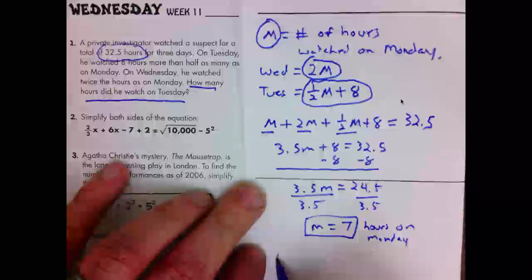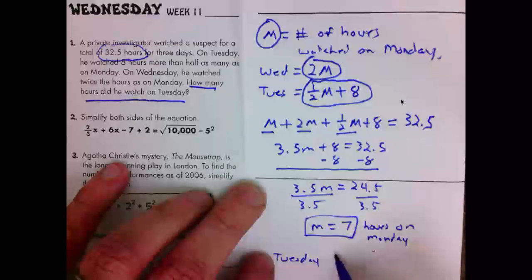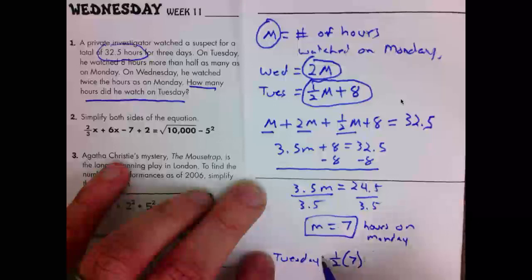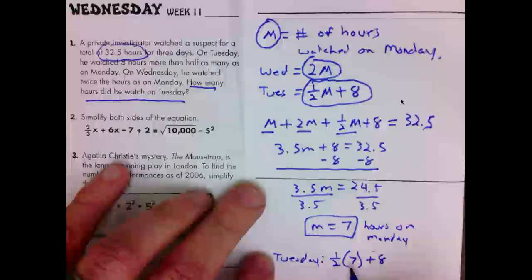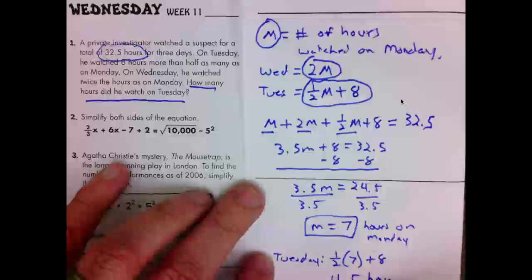So Tuesday is 1/2 of that 7 plus 8. 1/2 of 7 is 3.5 plus 8 is 11.5. So on Tuesday, 11.5 hours of TV.